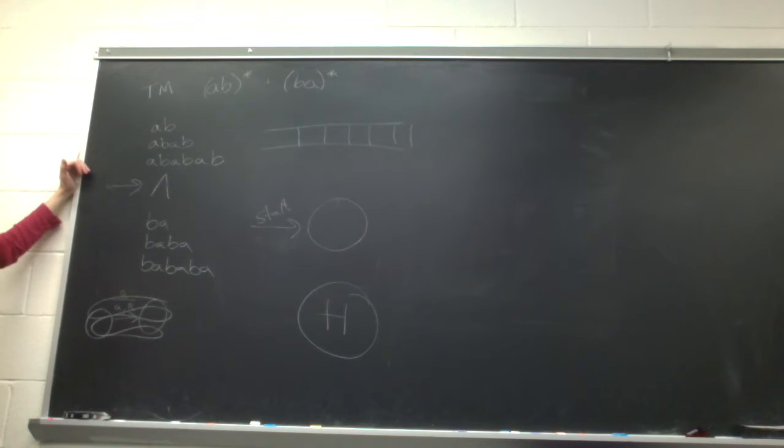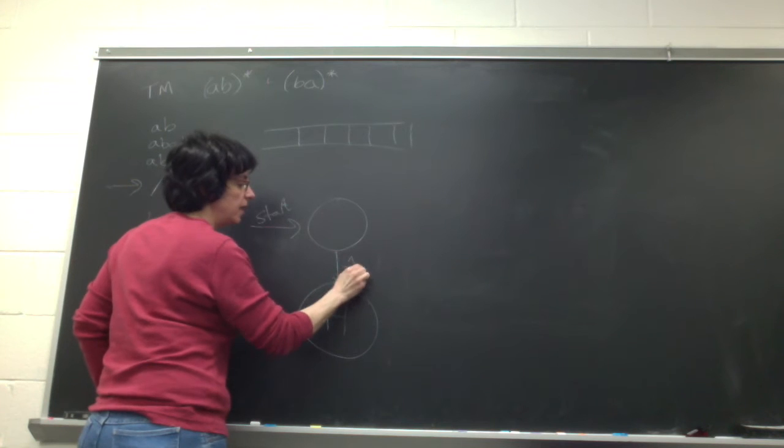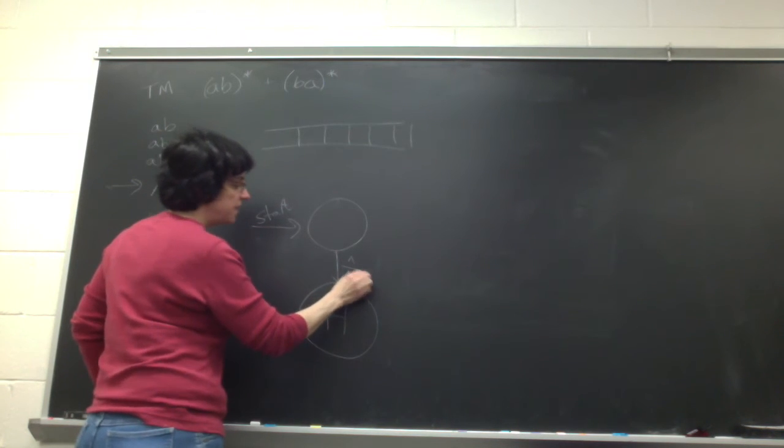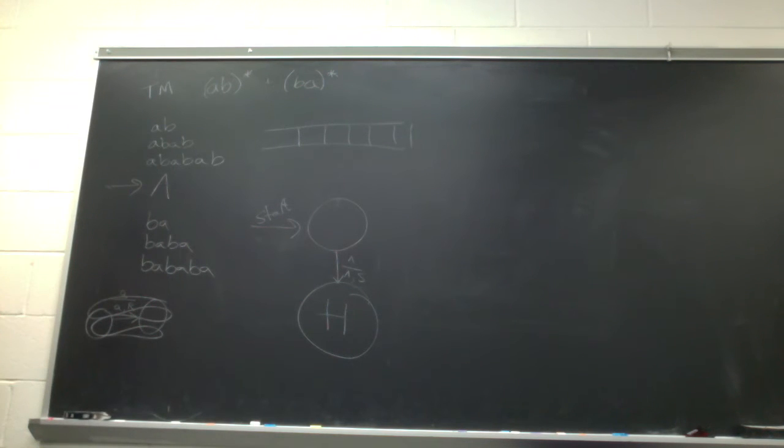Everybody with me? So lambda is actually a special easy case, right? If I see a lambda, I can just write a lambda, stay put on the tape, right? And go to halt. I accept, right? If the tape head is pointing at lambda, I am done. I accept, because I know lambda's in there. You guys with me so far? Okay. All right. So lambda's a nice, easy case.